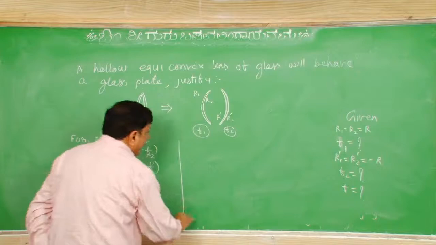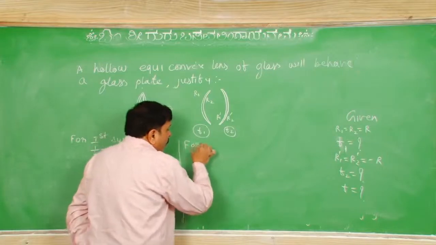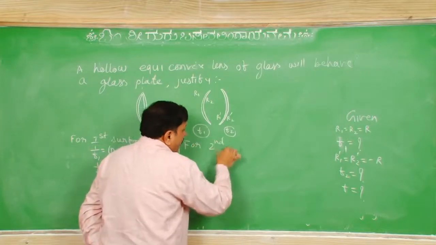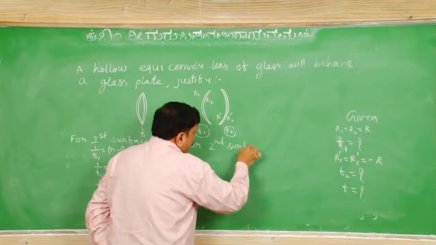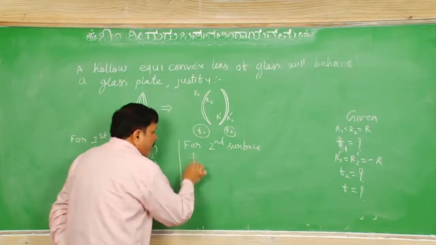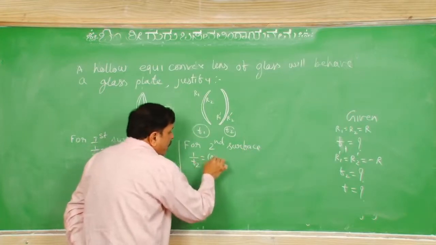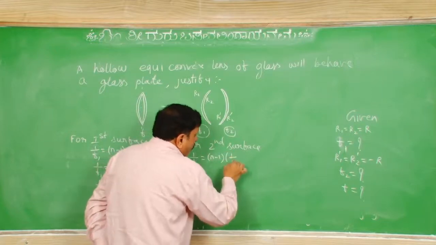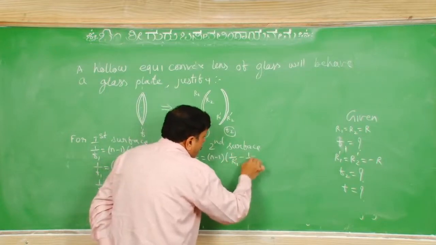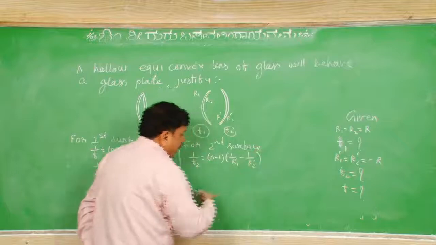Now for the second phase, for the second surface, we get 1 by F2 equal to n minus 1 into 1 by R1 dash minus 1 by R2 dash.